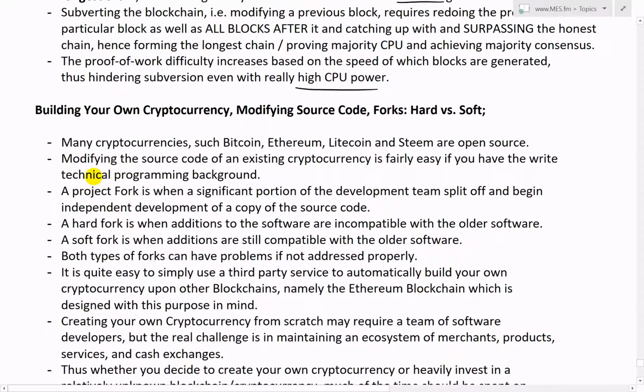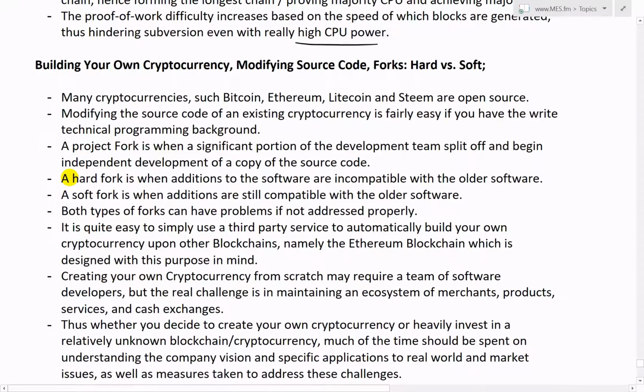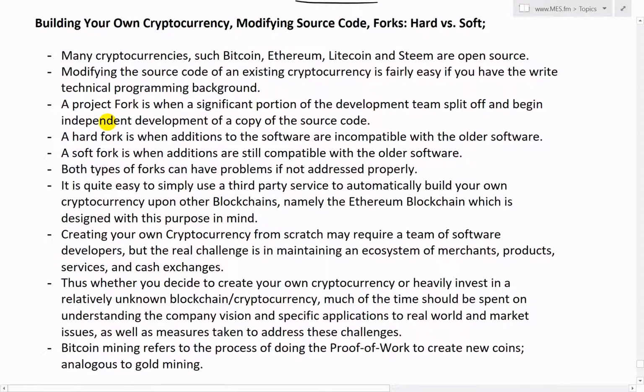So building your own cryptocurrency, modifying source code, forks, hard versus soft. Many cryptocurrencies such as Bitcoin, Ethereum, Litecoin, and Steem are open source. Modifying the source code of an existing cryptocurrency is fairly easy if you have the right technical programming background.